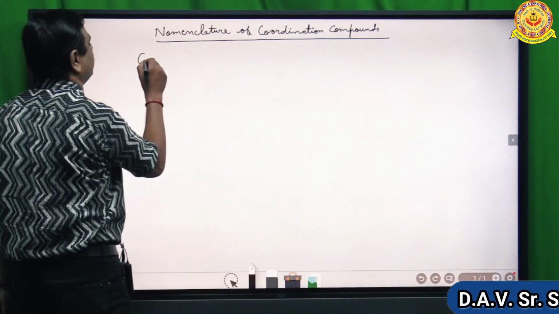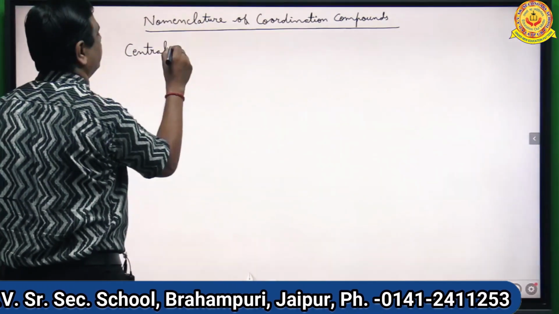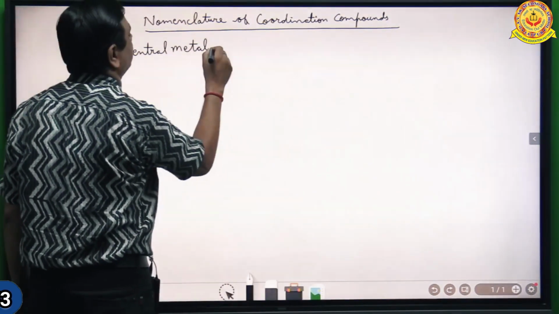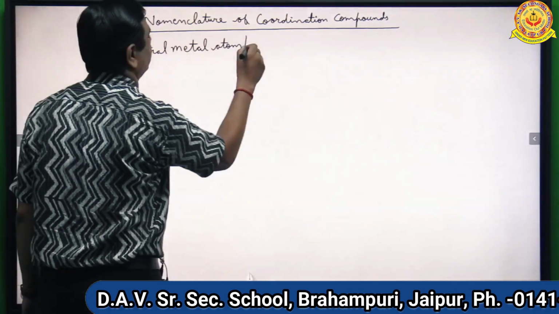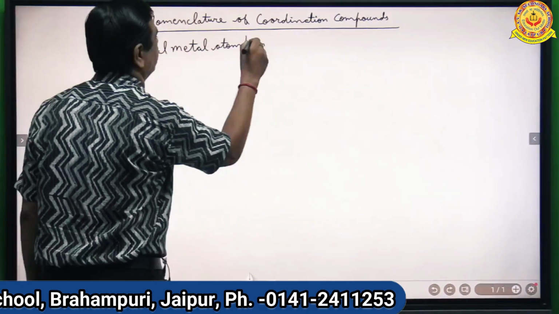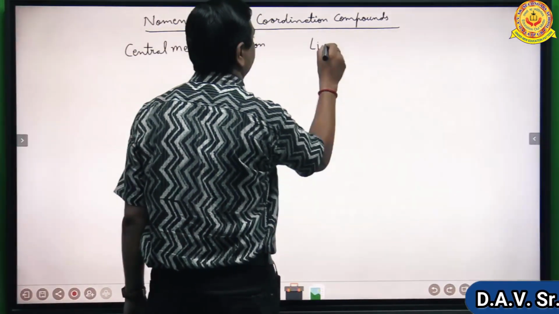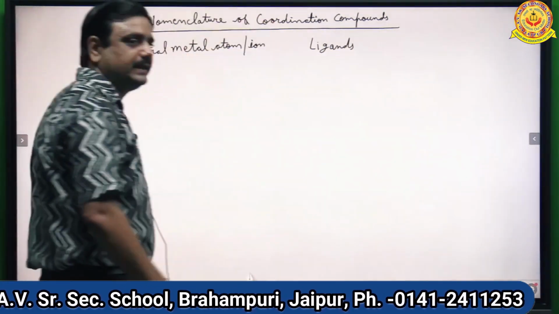As you know, in coordination sphere, two parts are there: central metal ion and the second part is ligands.